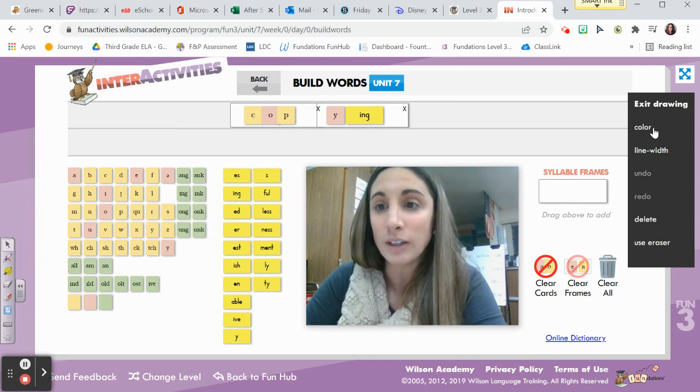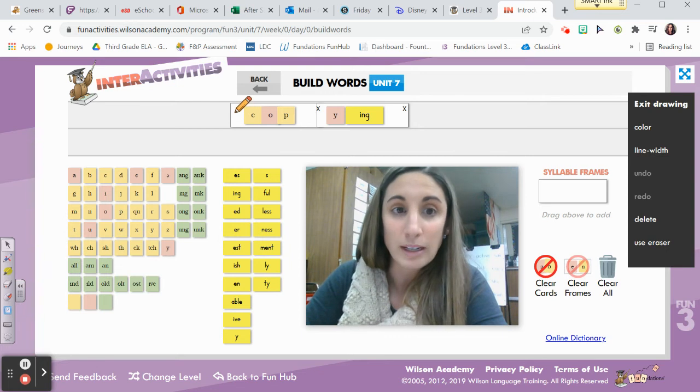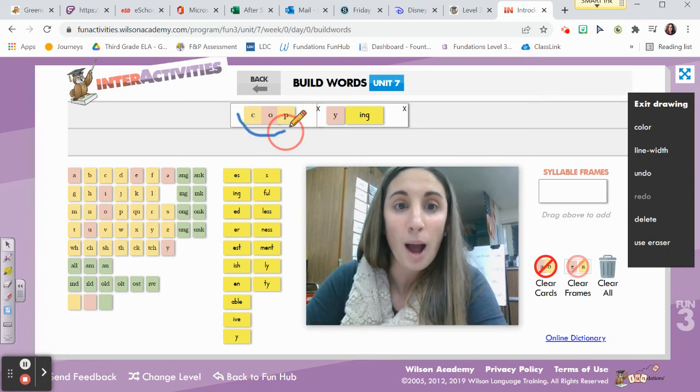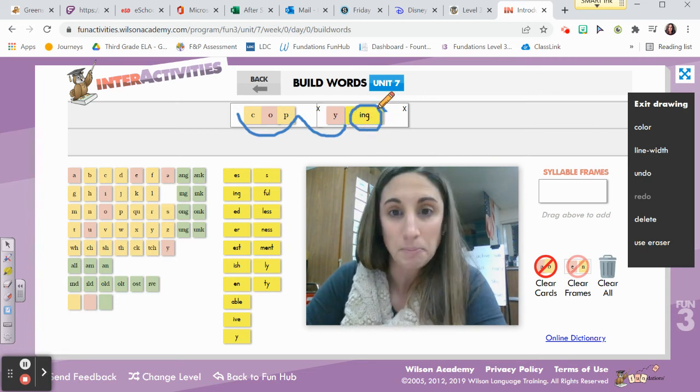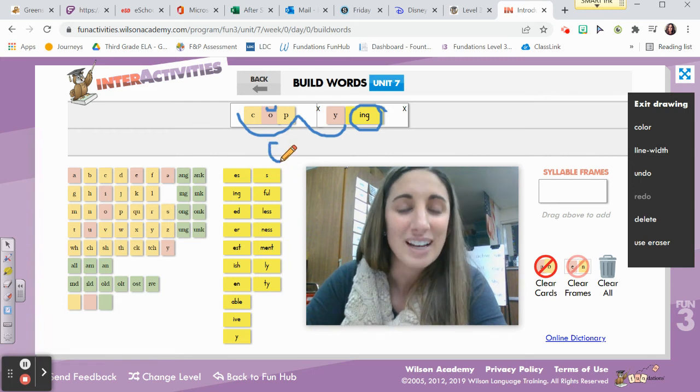And then please don't forget our rules about marking. Scoop your base word into its syllable parts. Copy. Circle your suffix always. Copying. Okay? Cop is a what kind of syllable? Because it's a short vowel and it's closed in. Closed.